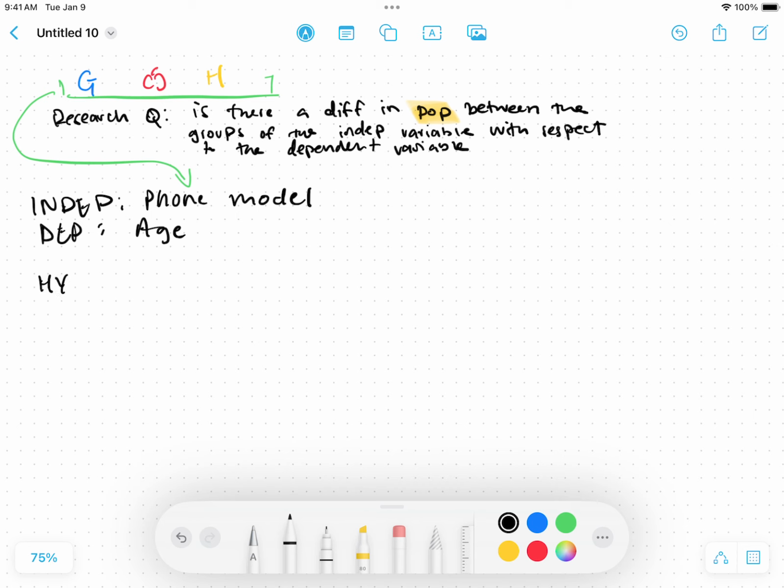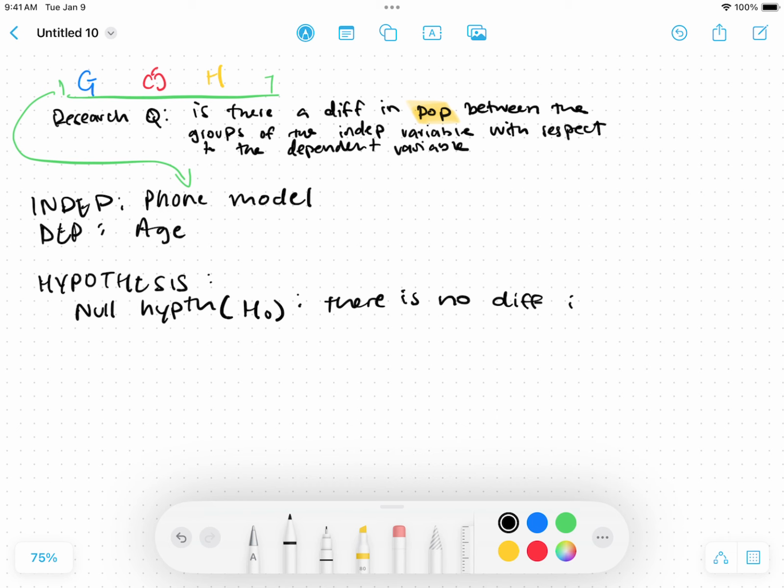Now we have to have our hypotheses. We will have our null hypothesis, and this is going to say that there is no difference in population between the means of the groups.